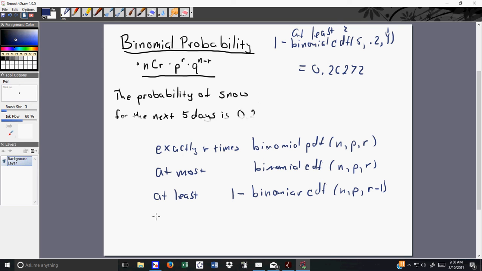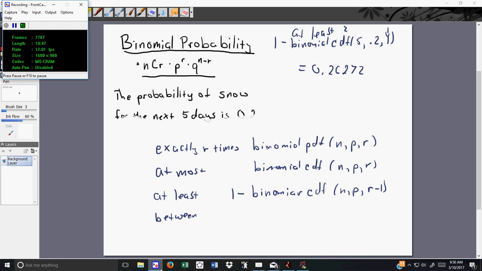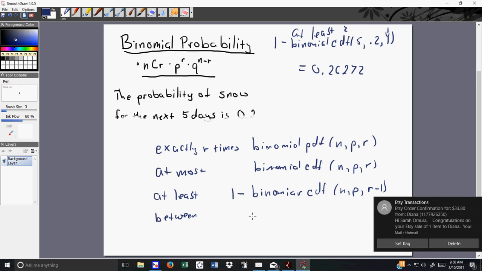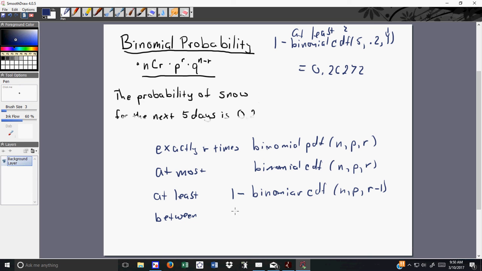And you can also do a between. But my video is too long right now. Between is actually kind of neat. If it was going to be between 2 and 5 trials, best thing to do is, let's see, 0, 1, 2, 3, 4, 5.